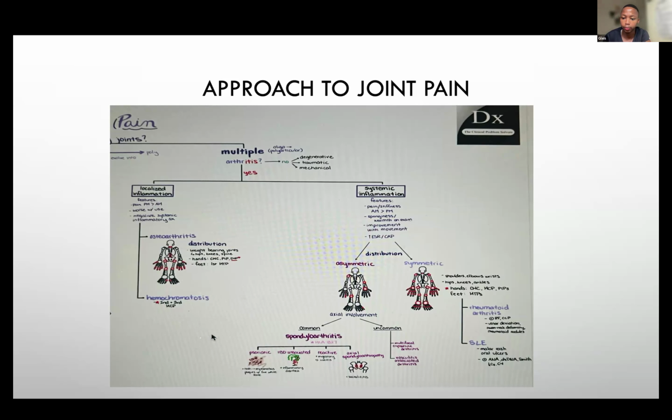You can even do lab tests to differentiate the two, like rheumatoid factor and ANA. If it's symmetric, however, you can then divide the causes into whether there is axial involvement or not.